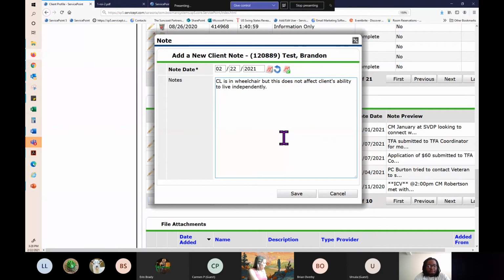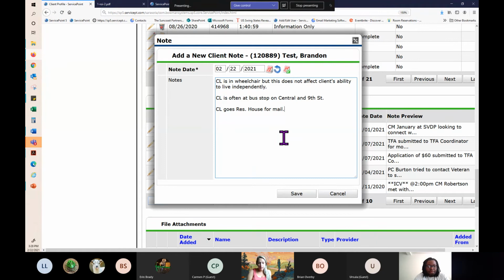Something very general. Client is often at the bus stop on Central and 9th Street. Client goes to a rescue house or mail. Any kind of very generic information that you think will be helpful in assessing this client's needs, put it on the client profile note.